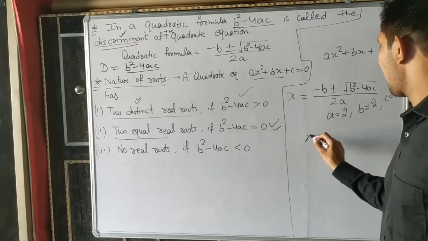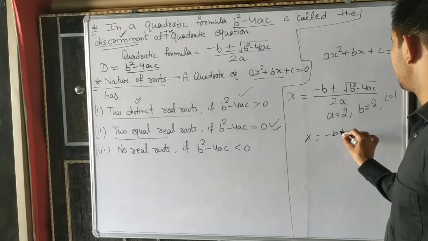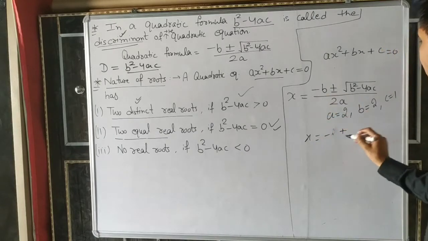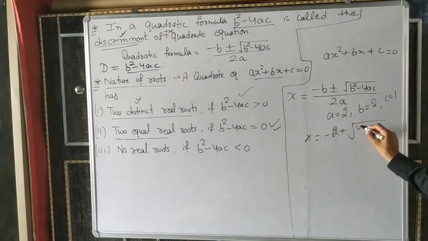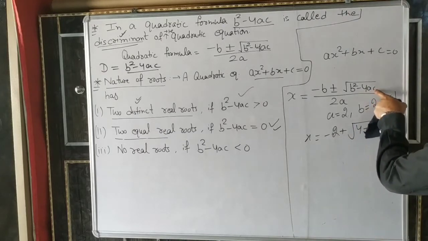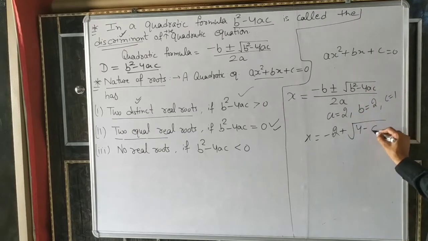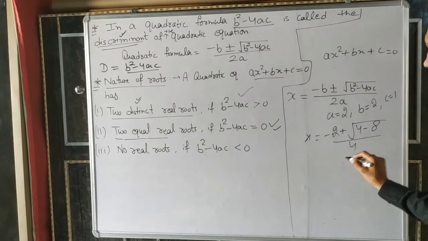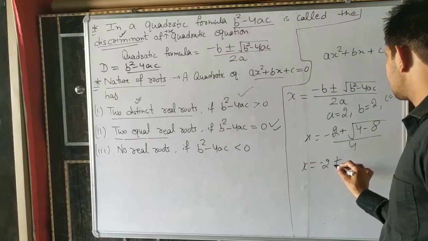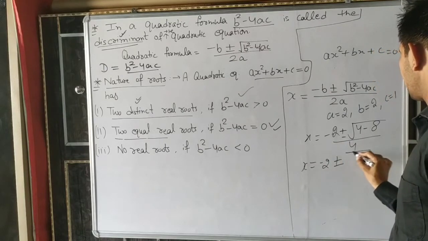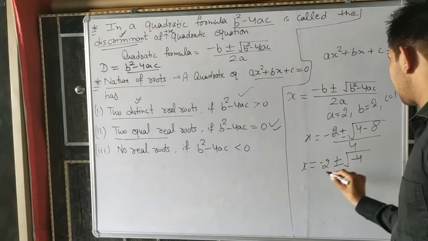So look at x equals minus b plus minus square root of b square minus 4ac, over 2a. So x equals minus 2 plus minus the root of 4 minus 8, that is minus 4, divided by 2.